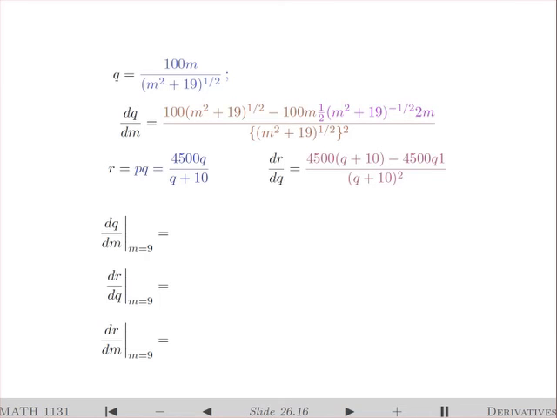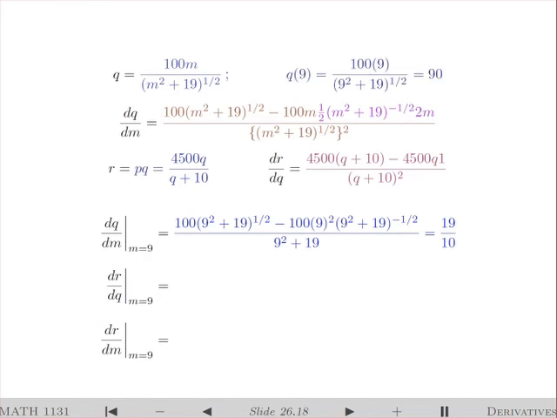Now we are going to evaluate this when M is 9. So for dQ over dM, I'm just going to plug in 9 for M and then calculate it. This is just simple arithmetic. The answer is 19 over 10. When we look at dR over dQ, we see that we need to know what Q is. So I need to evaluate Q first, which is what I did here.